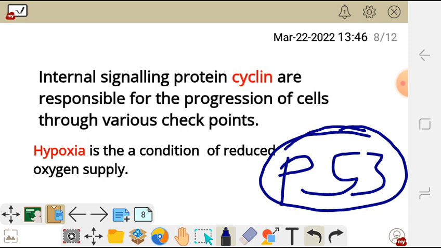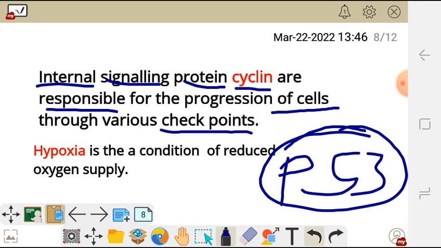Okay, so this is the internal signaling protein, and it is called the cyclin. These cyclins are responsible for the progression of the cell through various checkpoints. So it signals the cell to proceed to the next checkpoint.